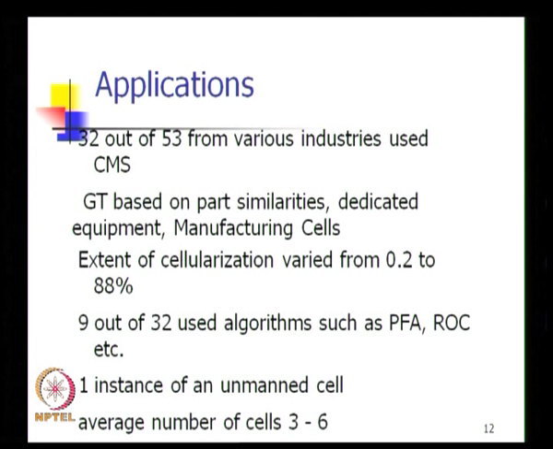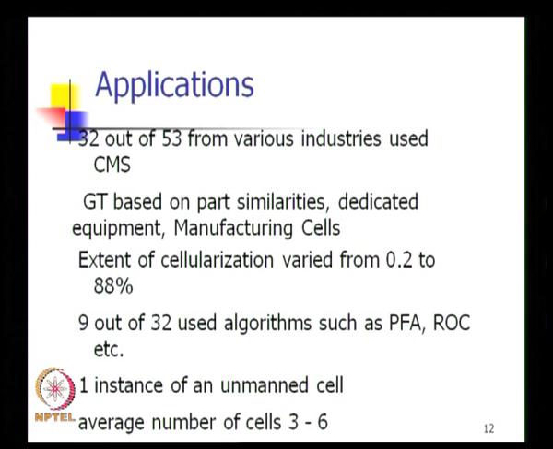during the period 1987. Now from their survey of 53 companies, they understood that 32 out of the 53 actually used cellular manufacturing as early as 1987. They were also able to see examples of cellular manufacturing application based on part similarities that we spoke about, based on dedicated equipment that we spoke about, dedicated cells, and based on other manufacturing cells.